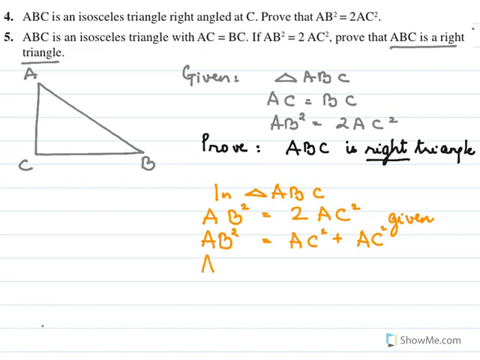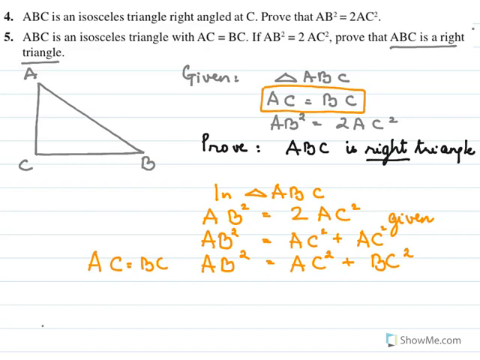Twice AC square means AC square plus AC square. So AB square equal to, this is AC square, but I know AC square is equal to BC square, since AC equal to BC is given. So here I will write BC square. Reason, AC equal to BC is given to me.